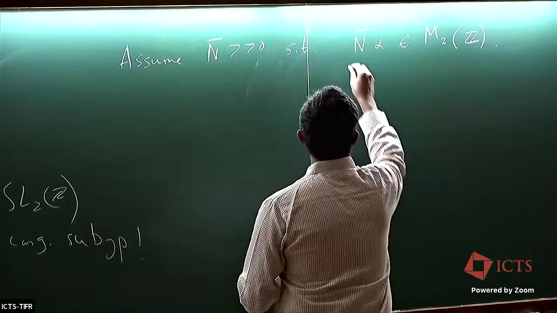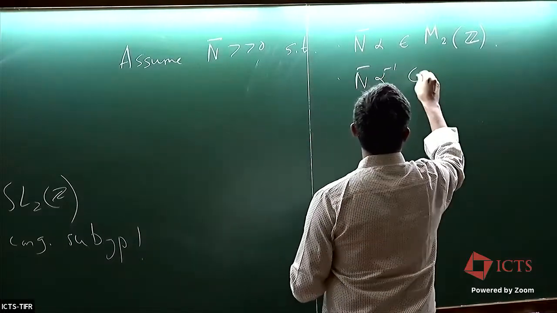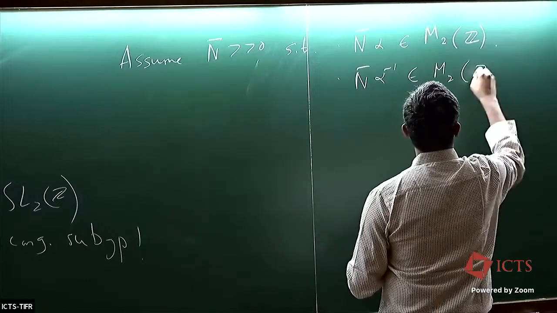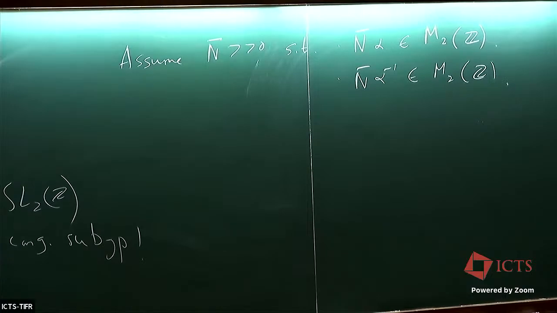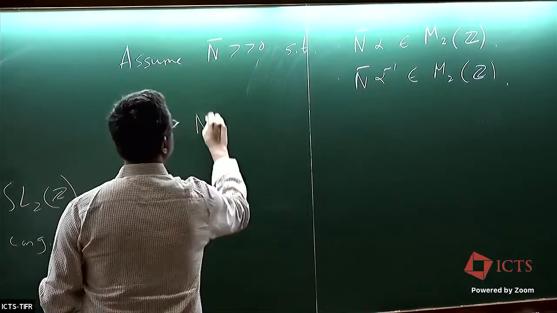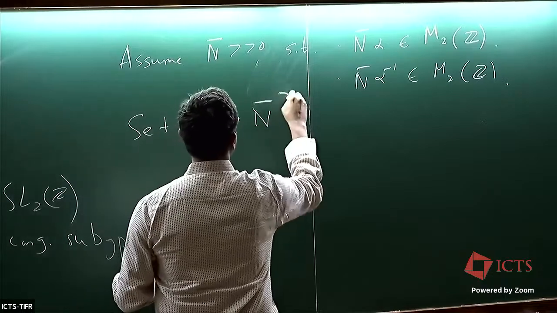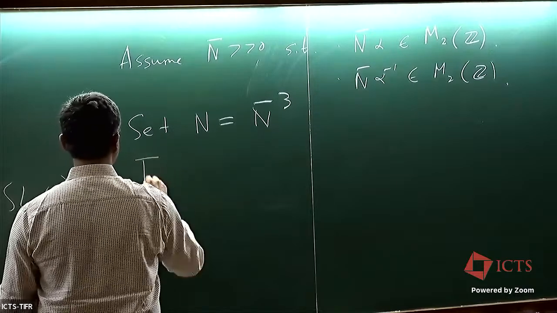But you can assume this, and let's also do the same thing for the inverse. So just clear denominators. And now you set N to be N bar cubed. This will work.